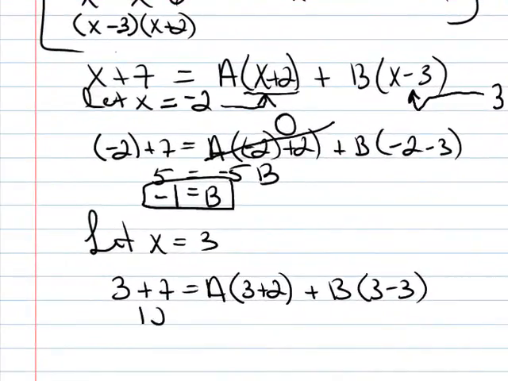Well, 7 plus 3 is 10. 3 plus 2 is 5, so I've got 5a plus, well, 3 minus 3 is 0, and b times 0 would be 0. So 5a plus 0 is just 5a.